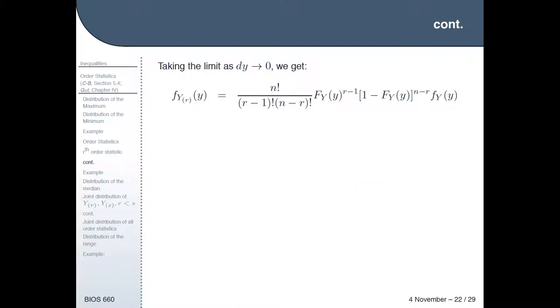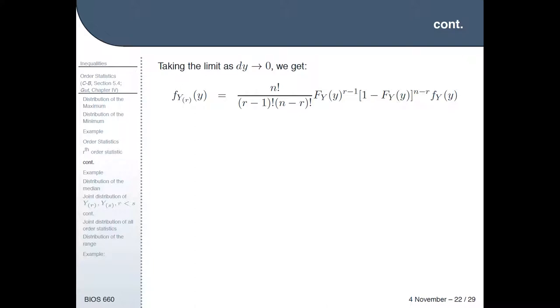So take the limit as dy goes to 0. That implies that the density of this order statistic is n factorial over r minus 1 factorial times n minus r factorial. That's just from the formula for the trinomial distribution.